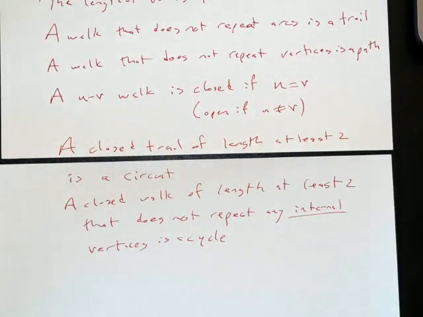There are places where taking the graph directions away is beneficial. So if I remove the directions from a digraph, I get an underlying regular graph.